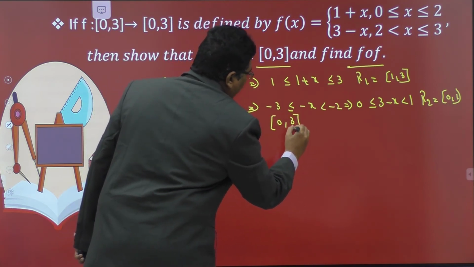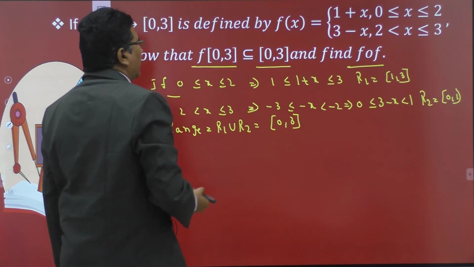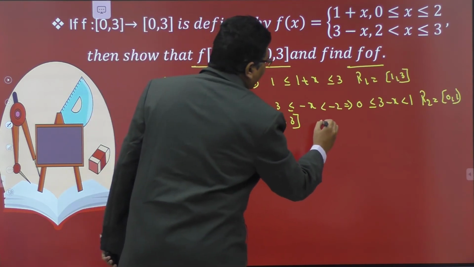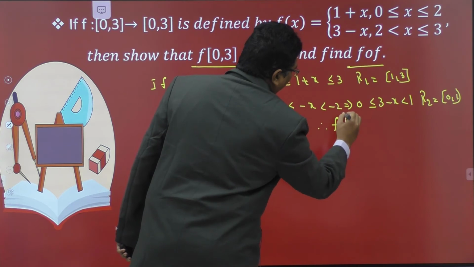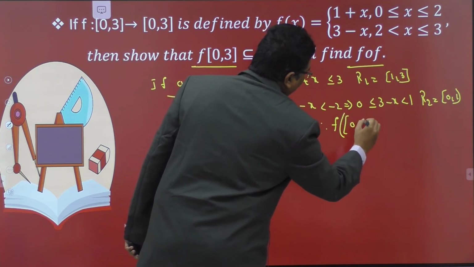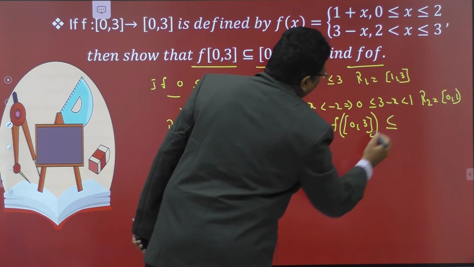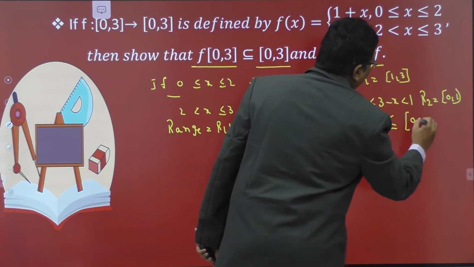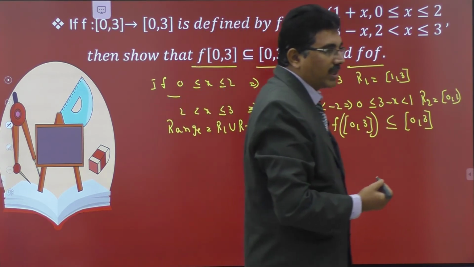Therefore, the range is a subset of the codomain. Range means f of closed interval 0, 3 is a subset of the codomain, that is closed interval 0, 3. Right. First part is over.